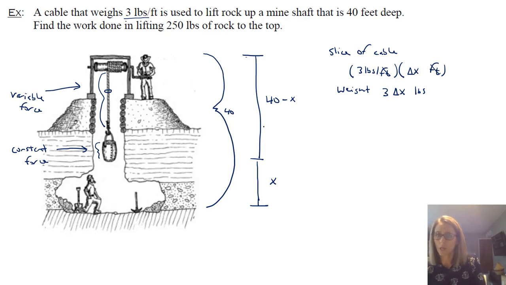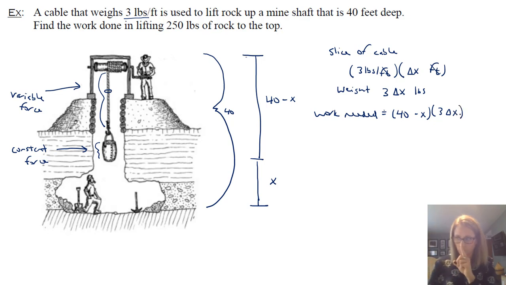And that makes sense. So the work needed to bring this cable up is the distance, which is 40 minus x, because that's wherever it's at on the cable, times the weight.